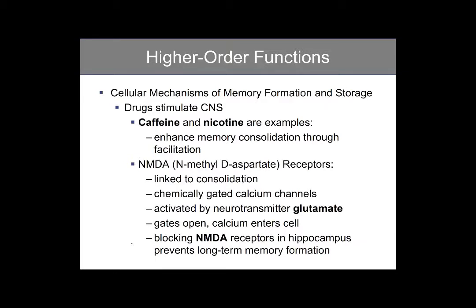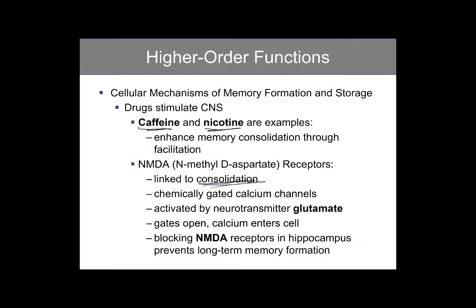Some drugs stimulate the central nervous system to help enhance memory consolidation through facilitation. These include caffeine and nicotine. A particular receptor type found within these regions of the brain, called NMDA, for N-methyl D-aspartate, is linked to consolidation.